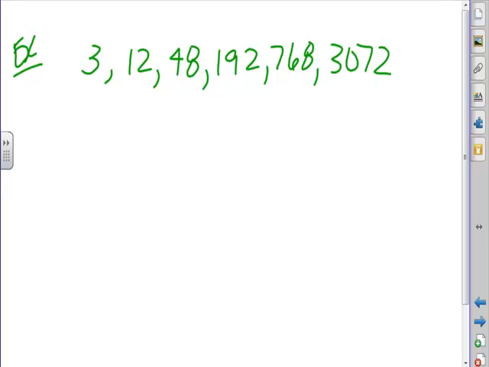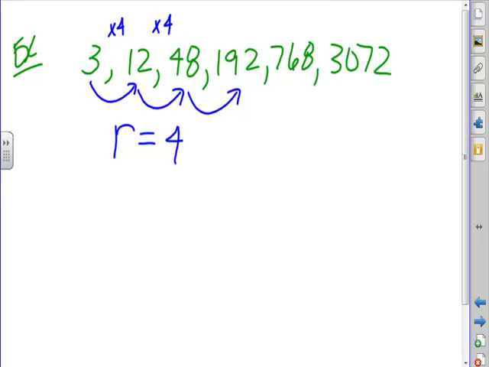And I think you would realize, oh yeah, 3 times 4, that's 12. 12 times 4, 48. 48 times 4, if you check on your calc, is 192, etc. So you'll notice that we are continuously multiplying by 4. And so we would say that the common ratio is 4.